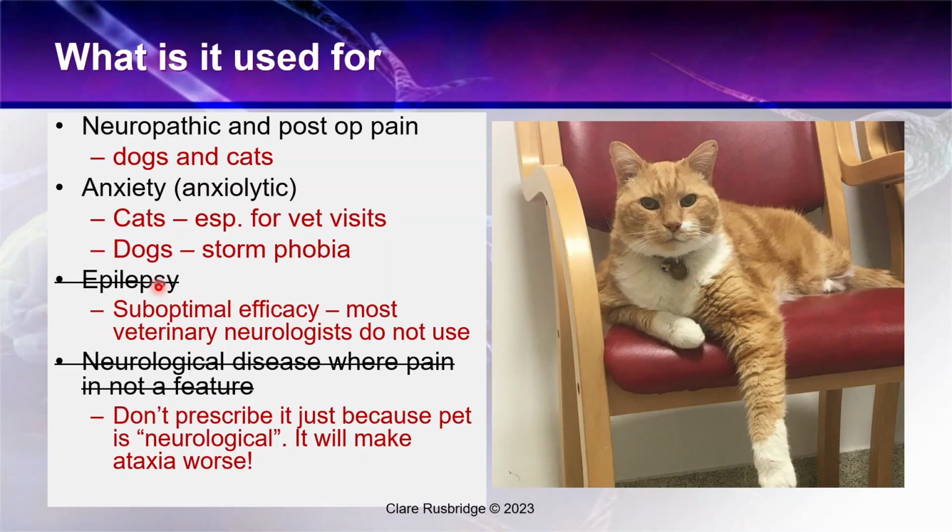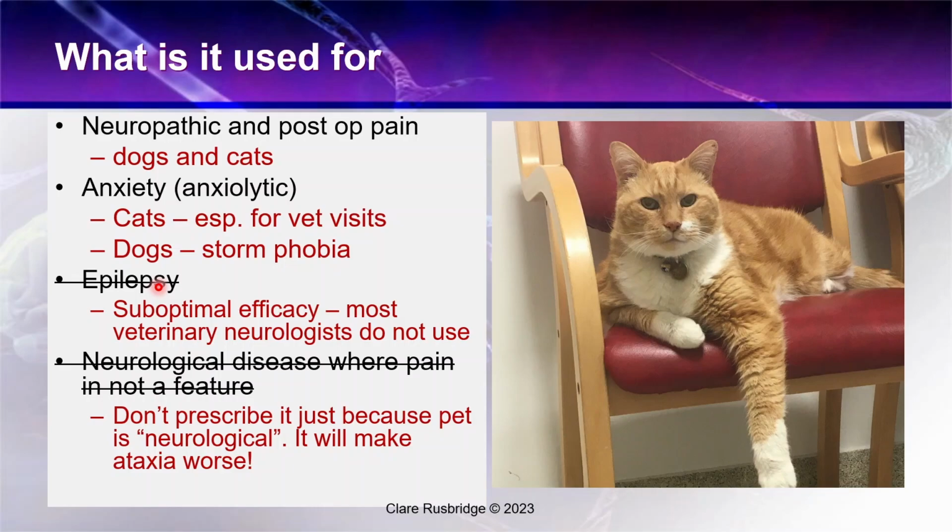And I also want to put a little note here that I've seen an increasing amount of gabapentin prescription from general practitioners who cite the reason is because it's neuroprotective or because the animal is neurological, thinking it's some sort of general tonic against neurological conditions.